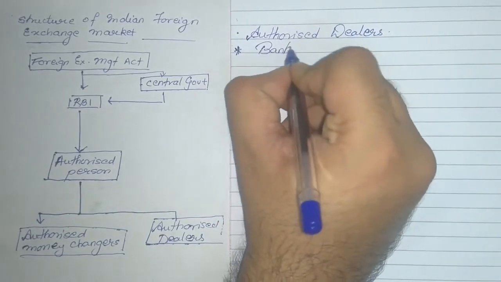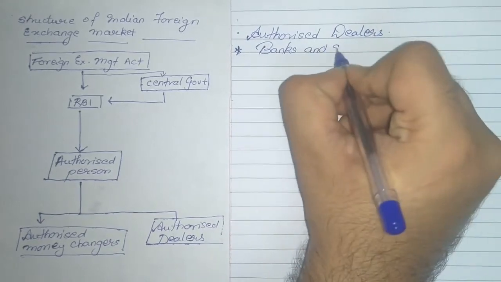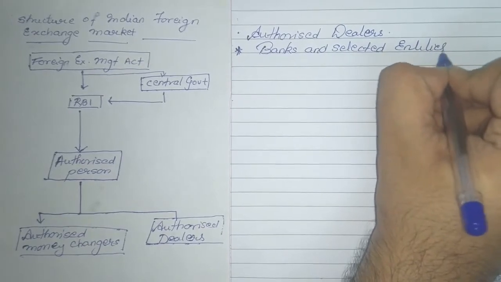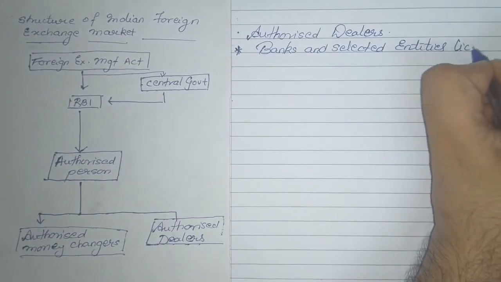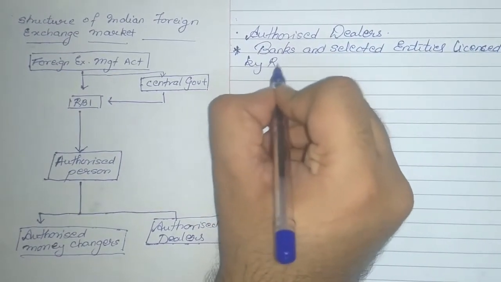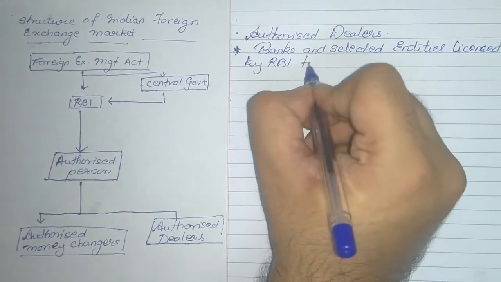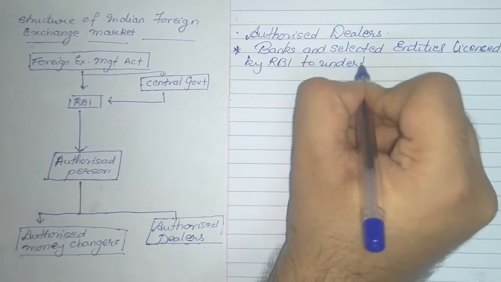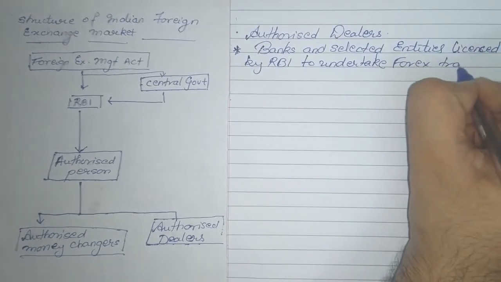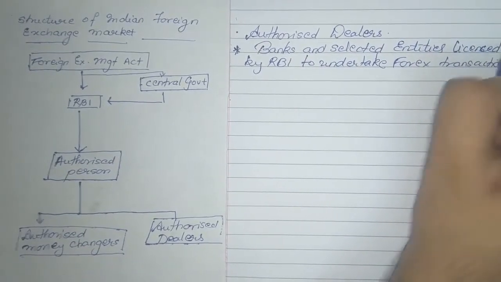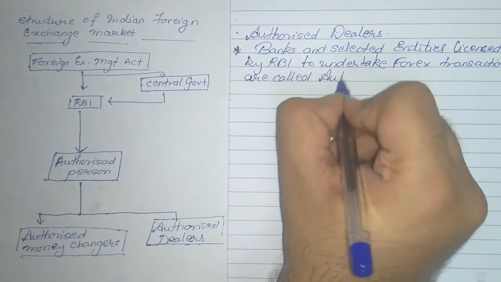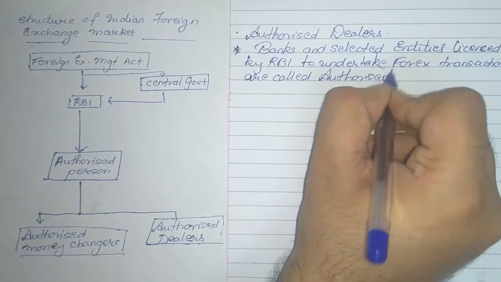The first point states that banks and selected entities licensed by RBI to undertake forex transactions are called authorized dealers.